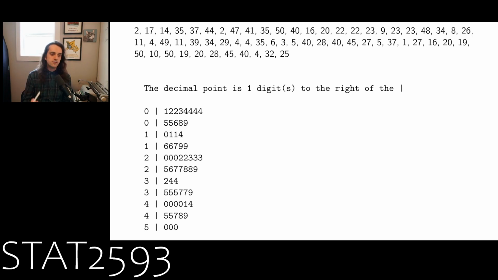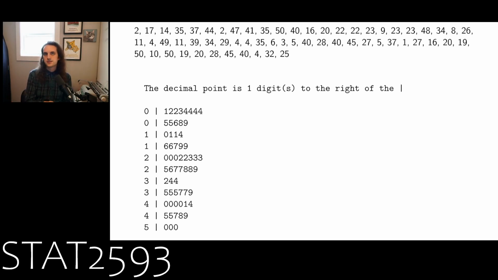So if you think about this data set, right, we can see just looking at it, the values ranged from 0 to 50, approximately. And so if you think about listing the tens column and the ones column from each of these numbers, you could break them up into separate observations. And the tens column is either going to be a 0, a 1, a 2, a 3, a 4, or a 5, right?